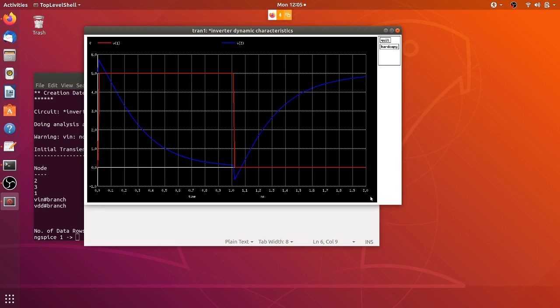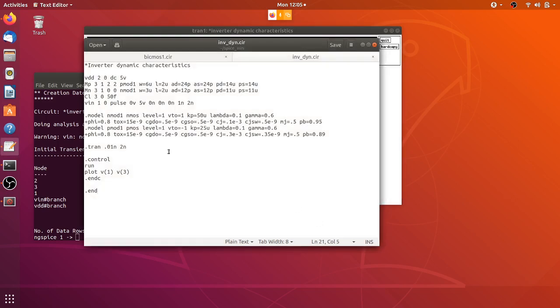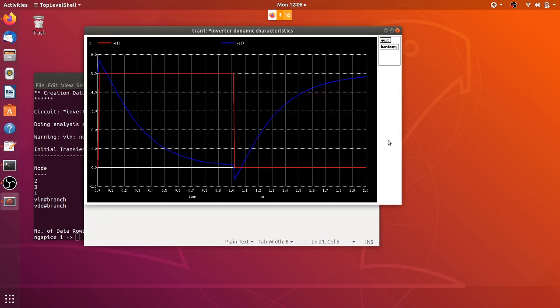From 1 nanosecond to 2 nanosecond, it is charging through the PMOS device. And since we have defined in our program the PMOS having double the width to compensate for the low mobility, we have almost a symmetric charging and discharging waveform at the output. So it also takes 1 nanosecond to reach the high state.